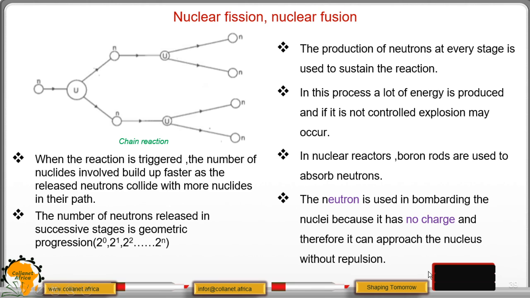Now, the neutron is used in bombarding the nuclei because, one, it has no charge. Remember, neutron carries no charge, and therefore it can approach any nucleus without repulsion. That is why we are using neutron for the bombardment of our nuclides.